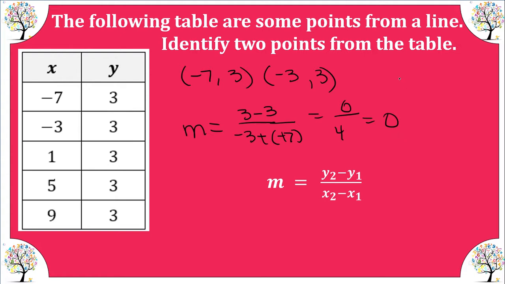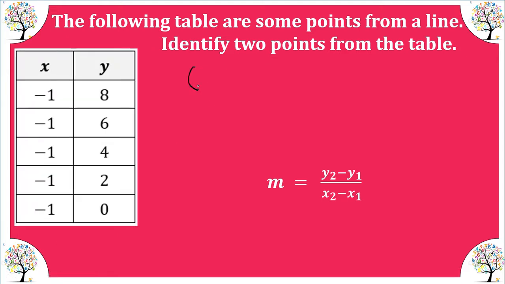So this was the horizontal line going through where y was 3. -1, comma 8, -1, comma 6. We notice our x's are repeating.